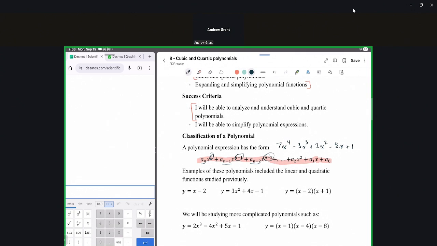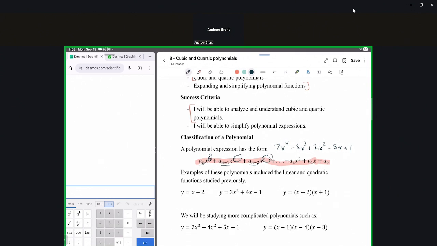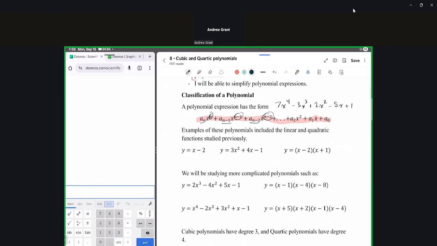Previously, we studied linear and quadratic functions. So we had a look at ones like y is equal to x minus 2, y is equal to, say, 3x squared plus 4x minus 1, or ones like y equals x, in brackets x minus 2, multiplied by the quantity x plus 1.